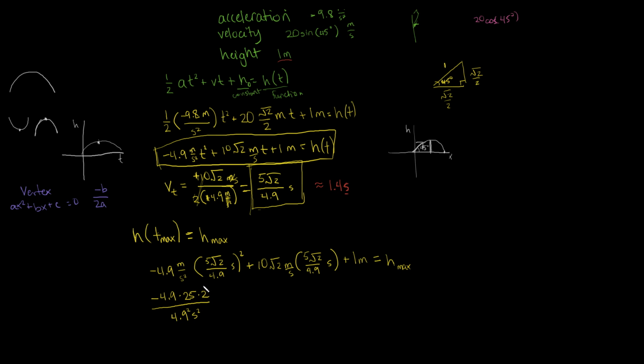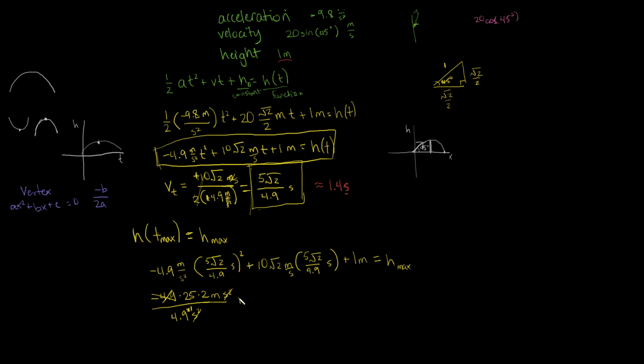The seconds squared cancel out, and the 4.9 power of 2 is reduced to a power of 1, and this here goes away.